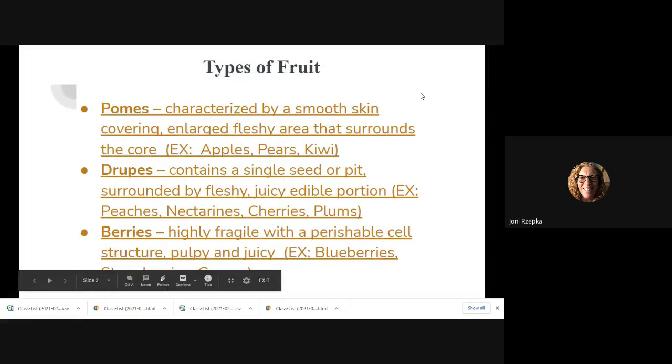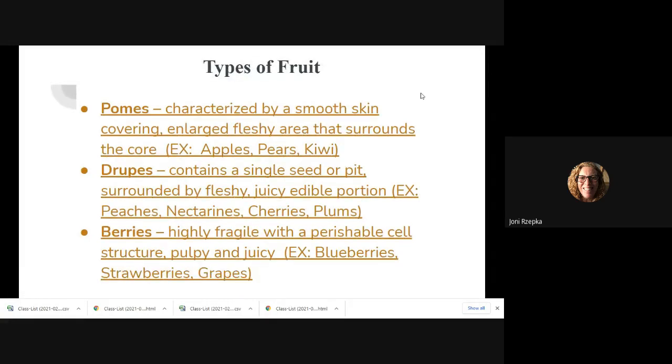Pomes, like I was saying, are characterized by smooth skin, like apples and pears. I wouldn't say kiwi has really smooth skin, but they do have an enlarged fleshy area that surrounds the core. So apples, pears, and kiwis are considered pomes.